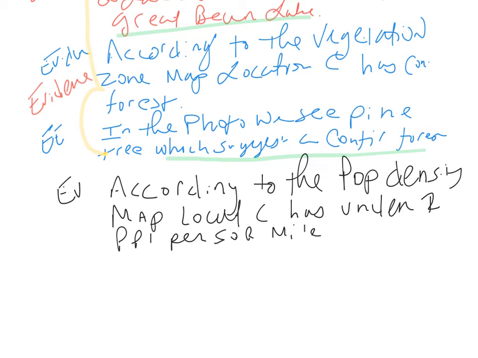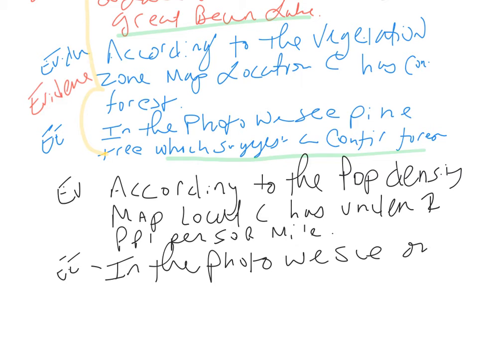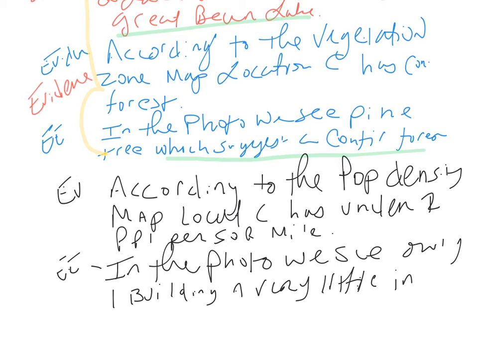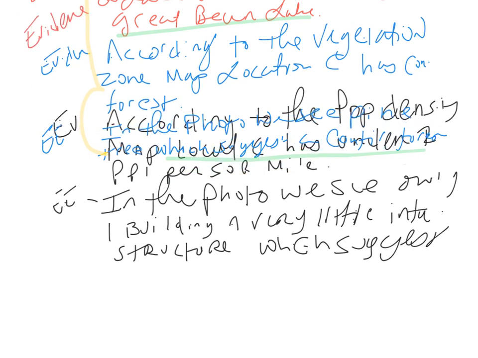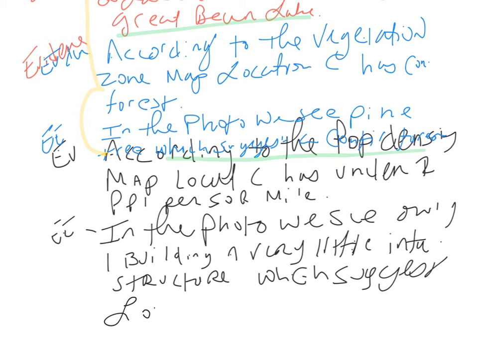In my explanation of evidence, I'm going to say in the photo, we see only one building and very little infrastructure, which suggests low population.